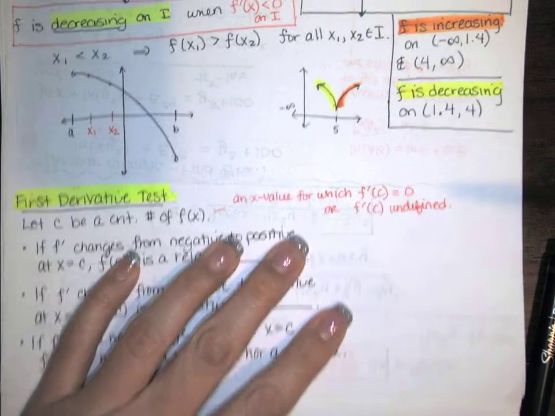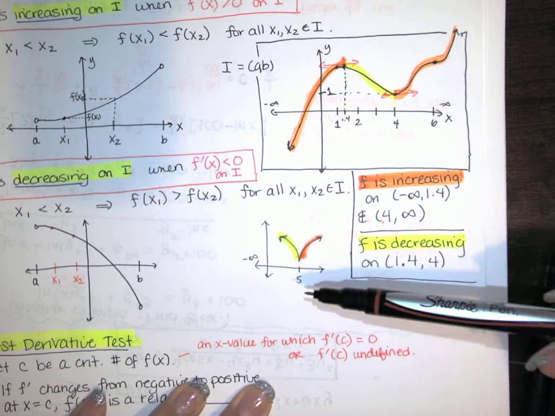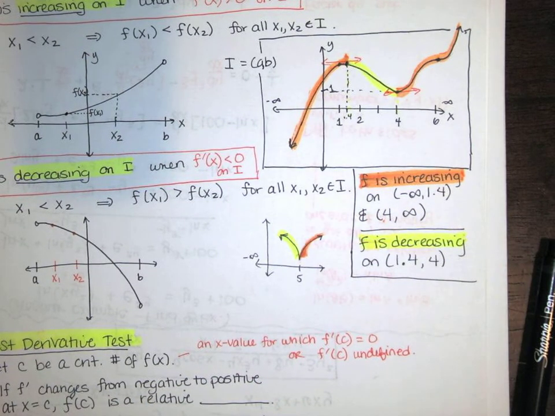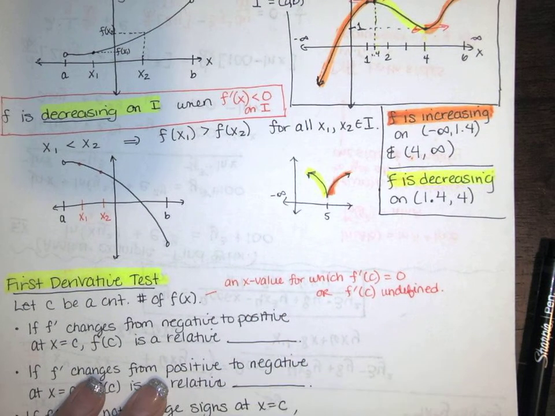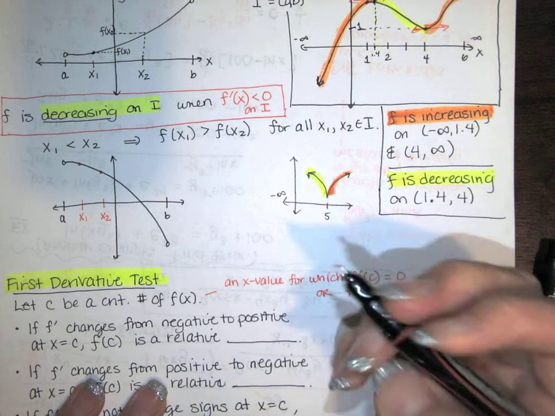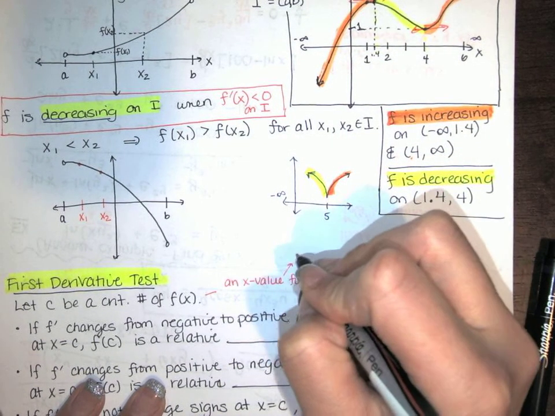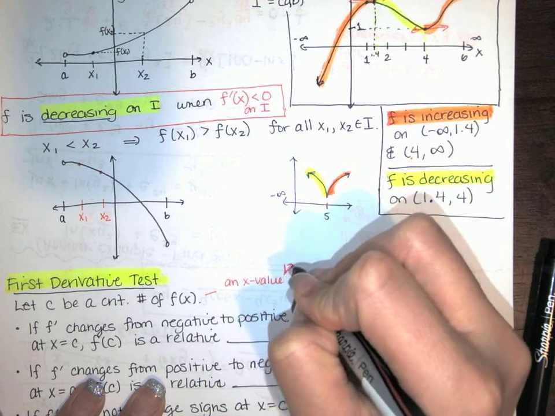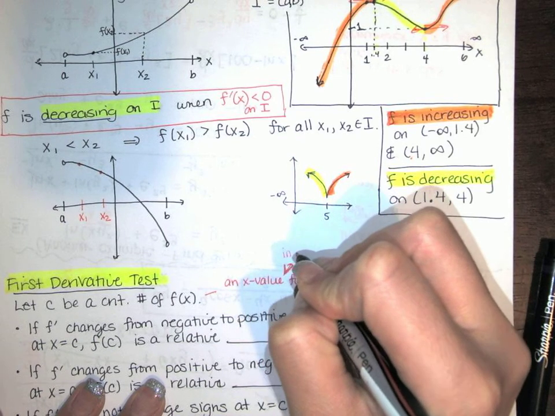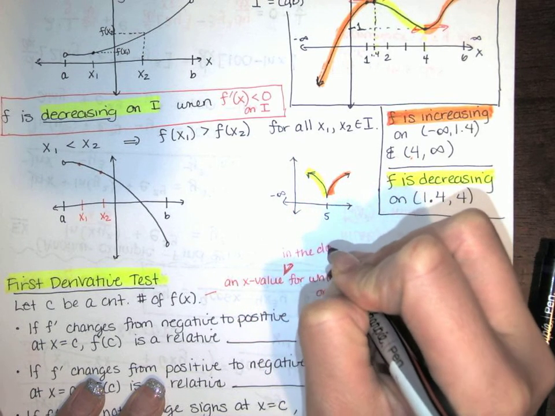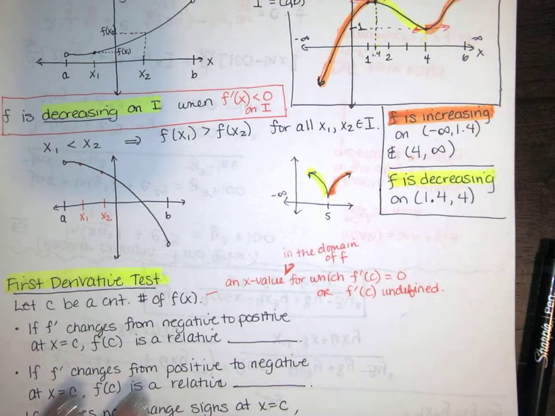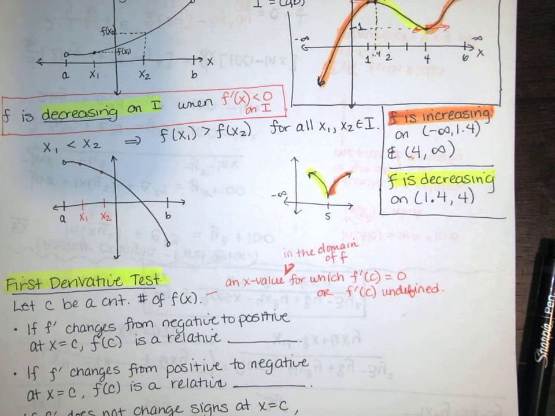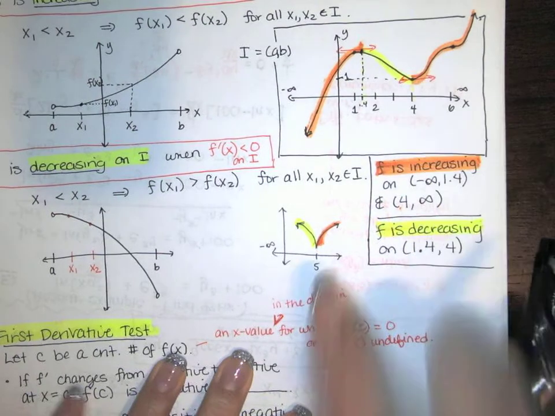So it's a critical point. It's either a flat spot on a graph or a place where the derivative is undefined. And this x value has to be in the domain of f, for which the derivative is 0 or undefined. So you've got a flat spot or a sharp corner.